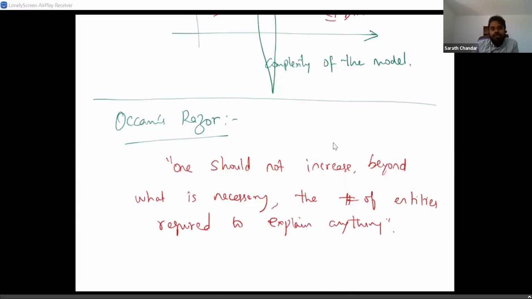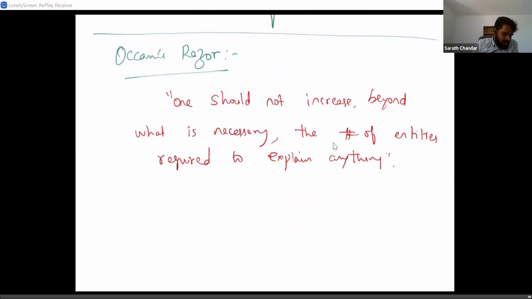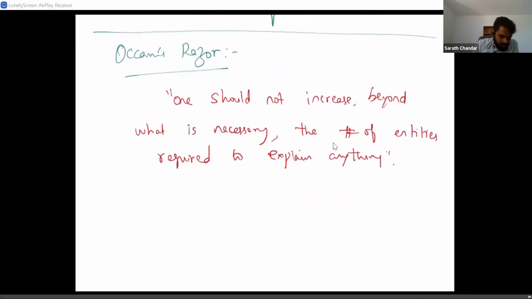Another way to put this is, if you have two models with different complexity and the same generalization performance, you should prefer the simpler model. Or in other words, seek the simplest explanation.